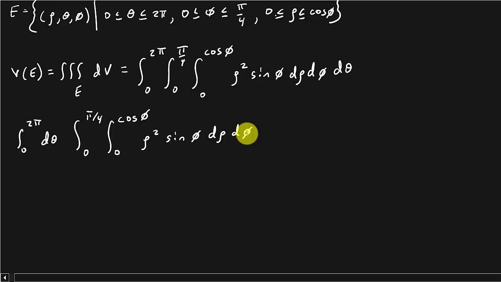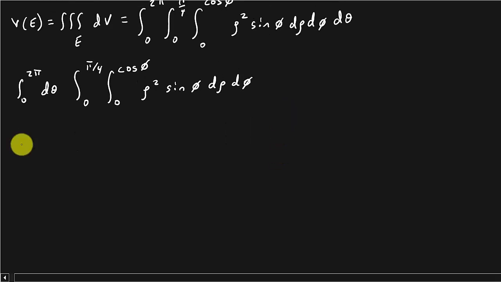All right, so now let's integrate this. We've got theta going from 0 to 2 pi, and then we've got 0 to pi over 4, and then we integrate this. Remember, our variable is rho.